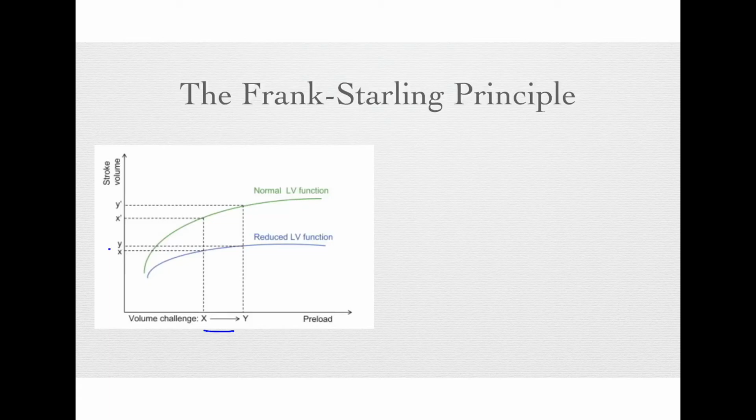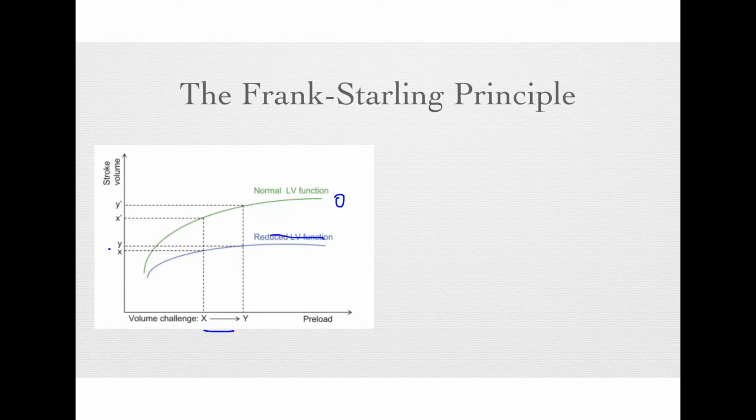However, the degree of the effect of preload on contractility depends on the strength of the heart at baseline. So these two curves reflect two different hearts. The green curve reflects a heart that has normal systolic function, whereas the blue curve represents a heart that has reduced systolic function.